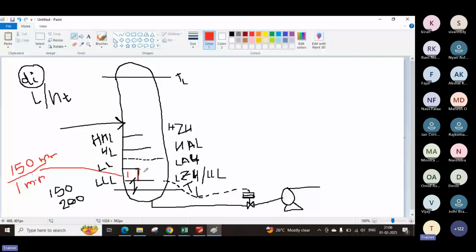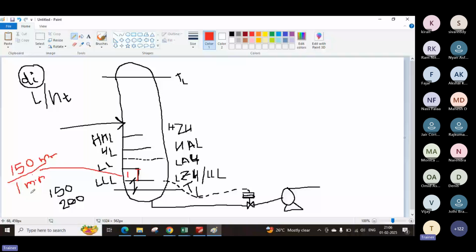So what is the volume coming in 1 minute based on the separation liquid capacity? This level has been estimated, and then you have to select the highest among these.